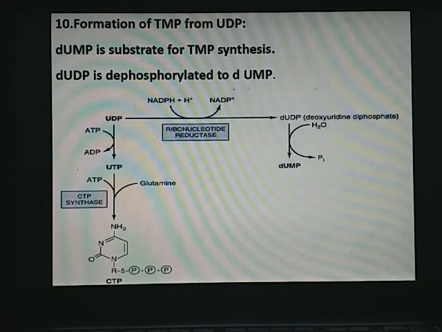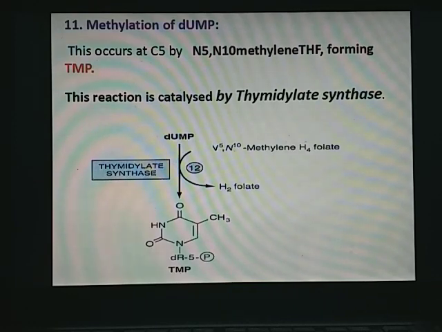Deoxyuridine diphosphate, by removing a molecule of phosphate, forms deoxyuridine monophosphate. Then deoxyuridine monophosphate, in presence of enzyme thymidylate synthase, takes a methyl group from N5,N10-methylene tetrahydrofolate to form thymidine monophosphate.